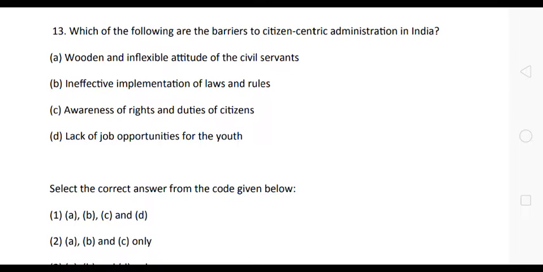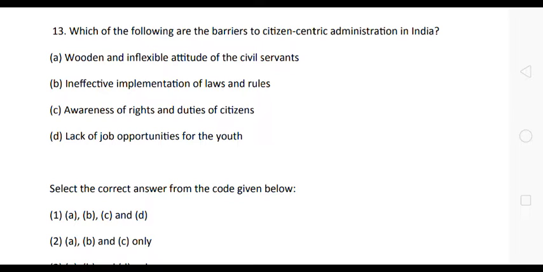Very important question. Options are A, wooden and inflexible attitude of the civil servants; B, ineffective implementation of laws and rules; C, awareness of rights and duties of citizens; D, lack of job opportunities for the youth.